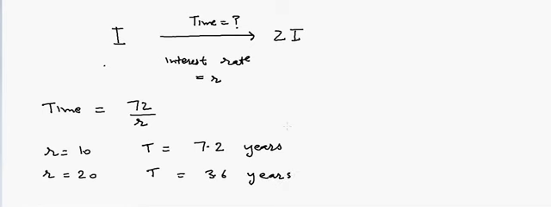So how does this rule work? Let's try to solve this problem in a regular way. Suppose we have investment I, and we have interest rate 1 plus R. We invested for t years.